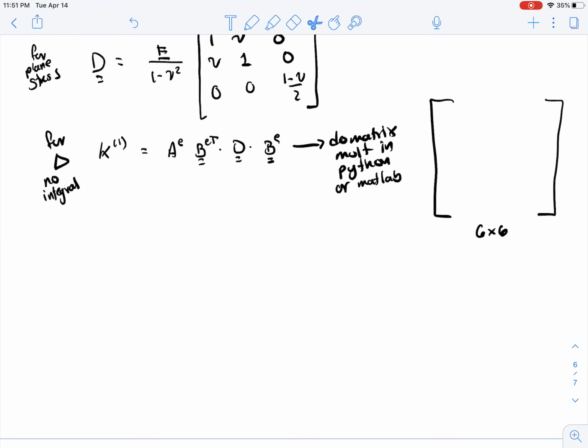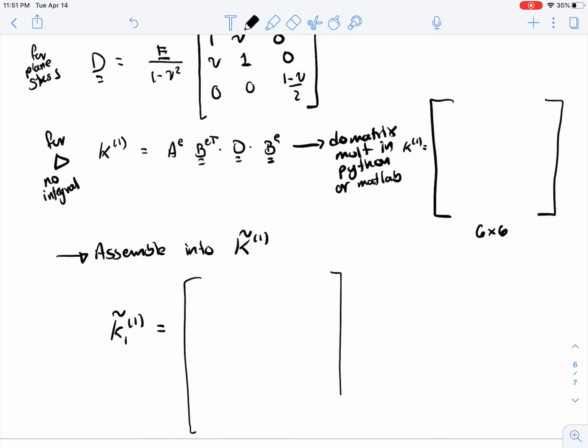Now the important thing is actually the assembly. So I do want to do that. So for the assembly, this K1 matrix is just the contribution of the K1 to the global K. And what is the size of the global K?